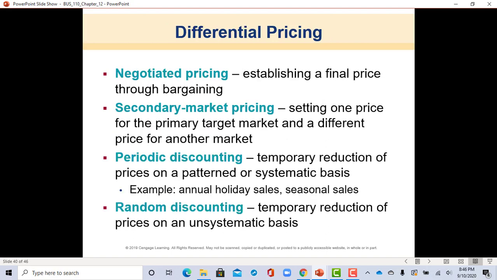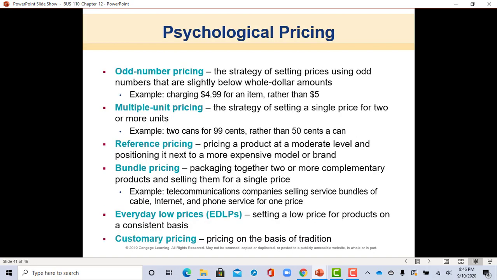An important issue in pricing decisions is whether to use a single price or different prices for the same product. Psychological pricing strategies encourage purchases based on emotional responses rather than rational ones.